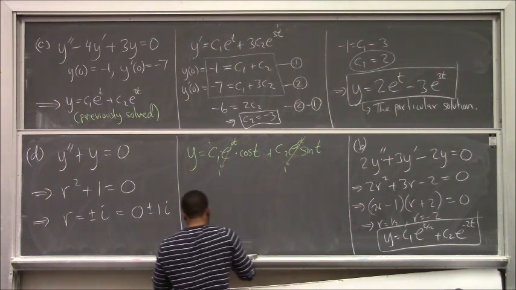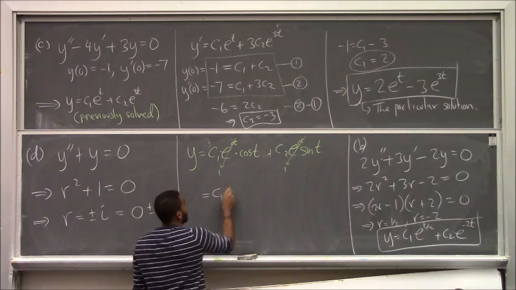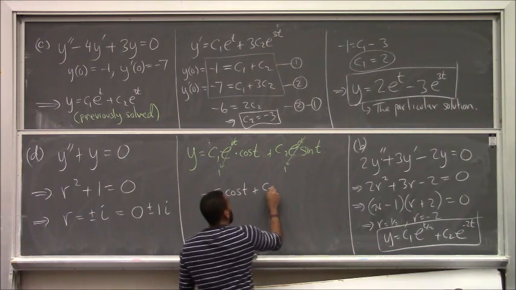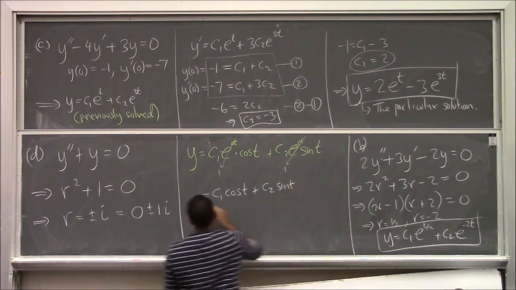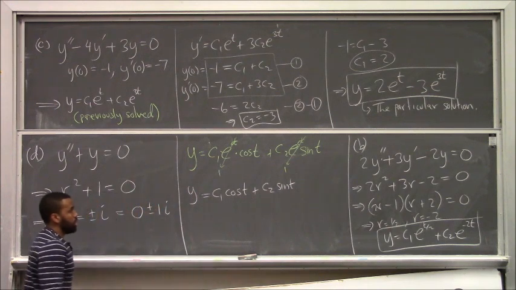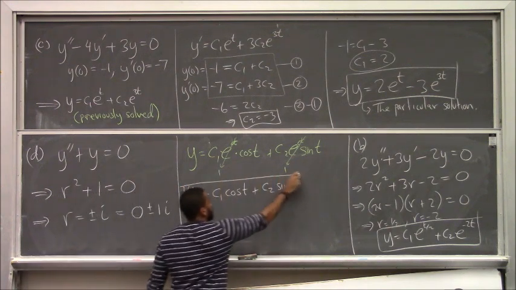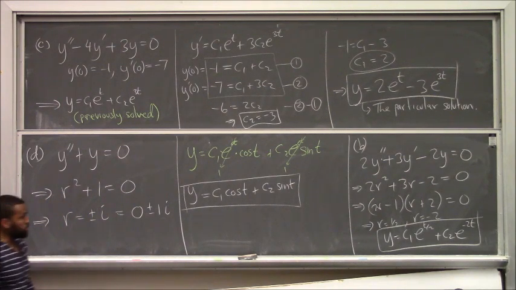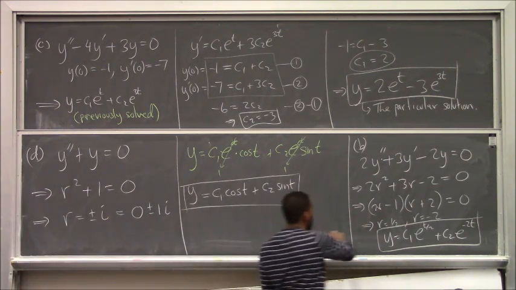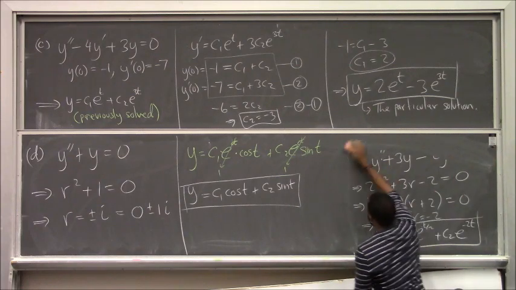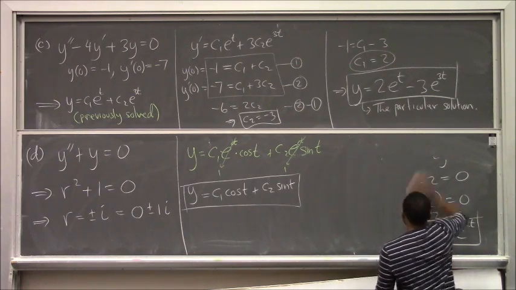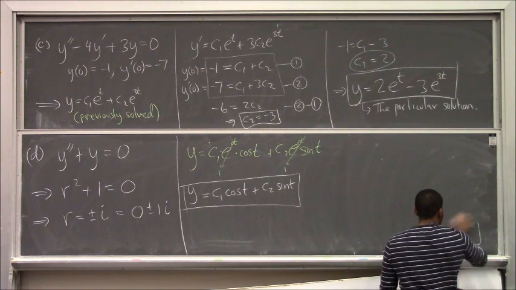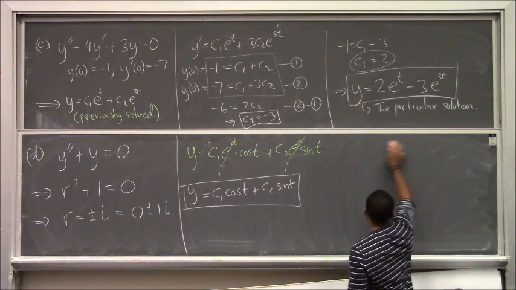And so ultimately your y is just a constant times cosine plus a constant times sine. And that's how the signs come in. You don't have to force them, they're going to pop up when they need to. So that's the general solution there.